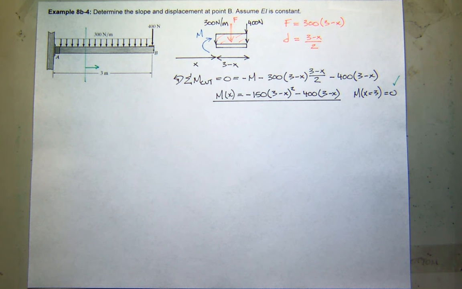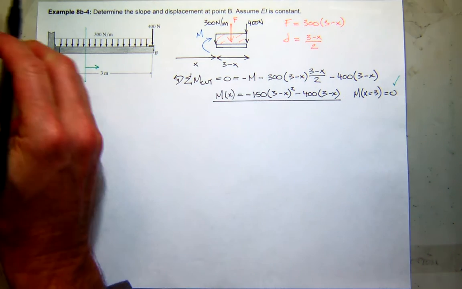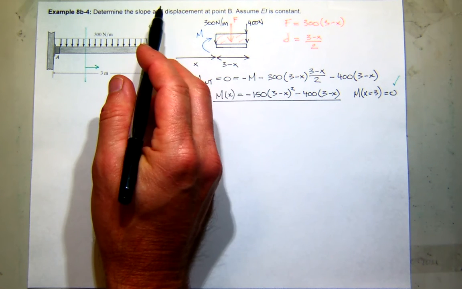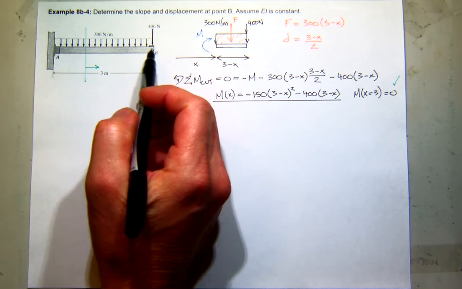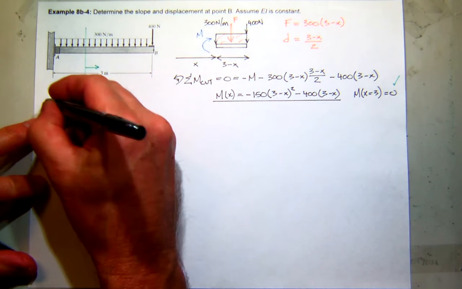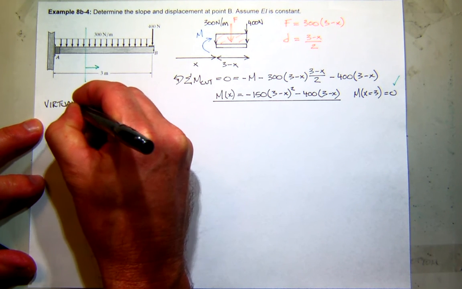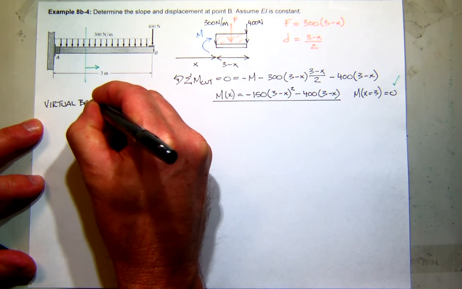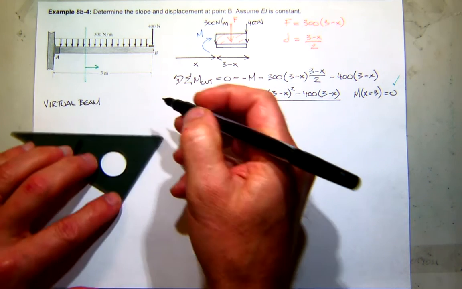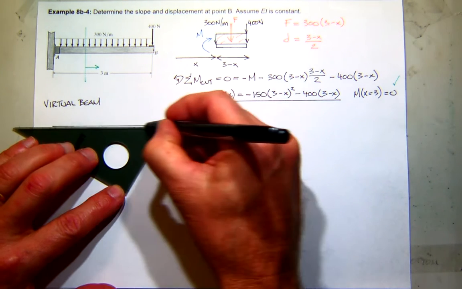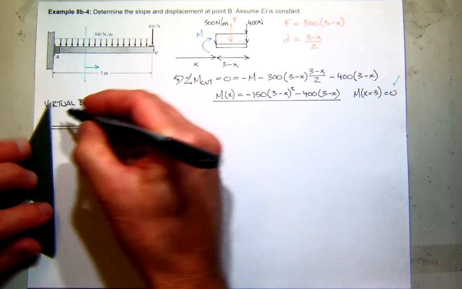Now what do I need to get? My virtual moments. We'll do displacement first. So I want the displacement at B, that's the free end. So let's quickly draw the virtual beam. So there's the beam.